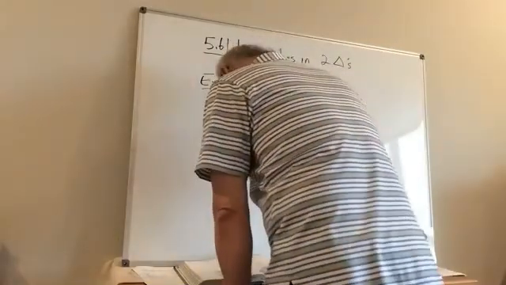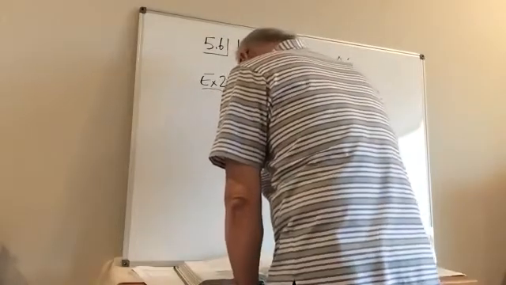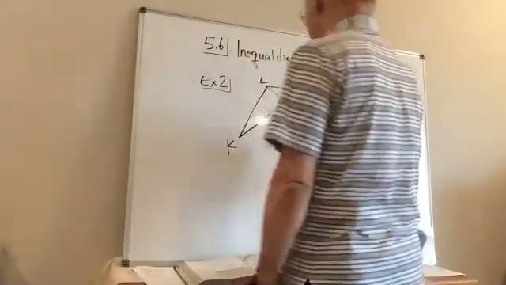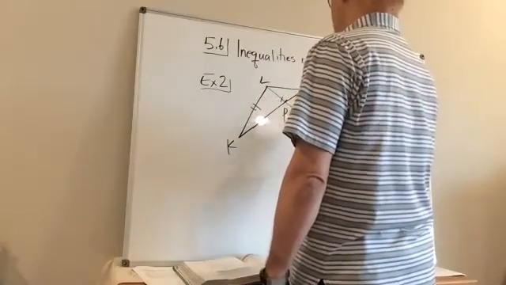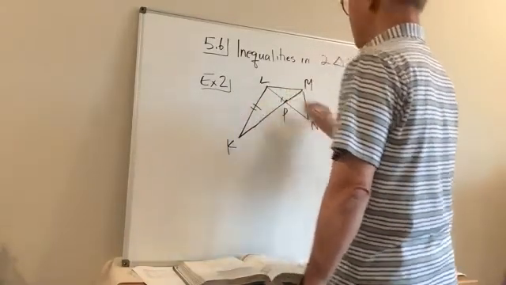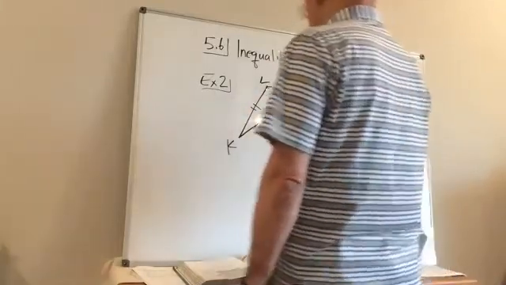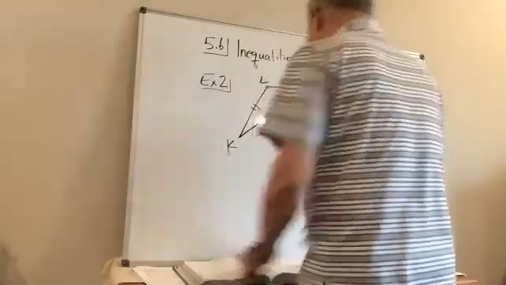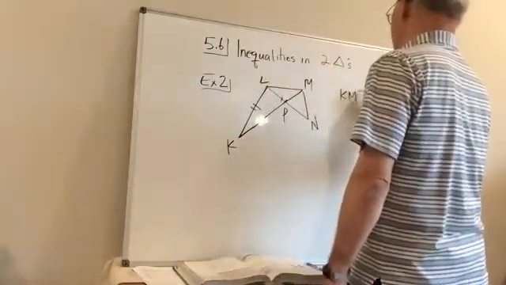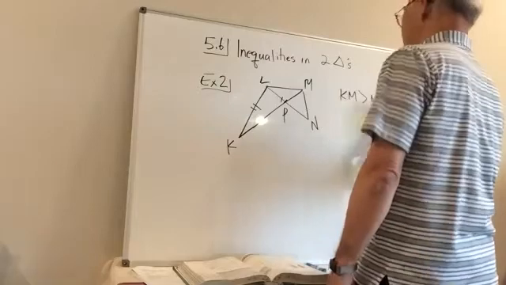Given that KL and NL are congruent, prove that KM is greater than NM.